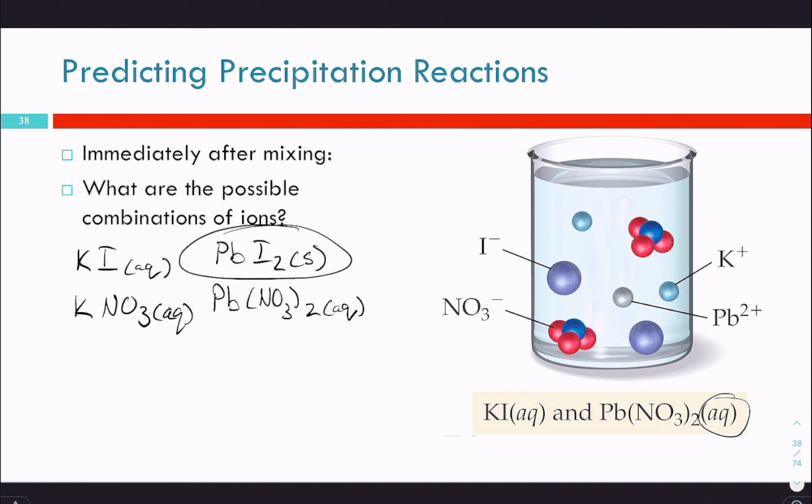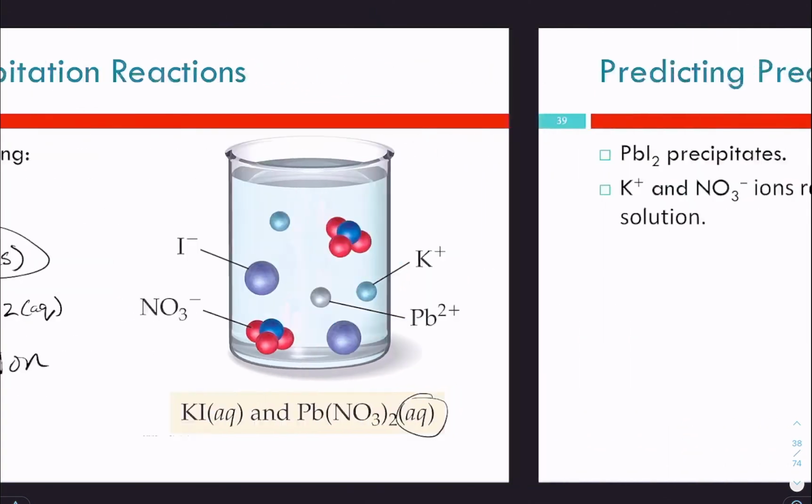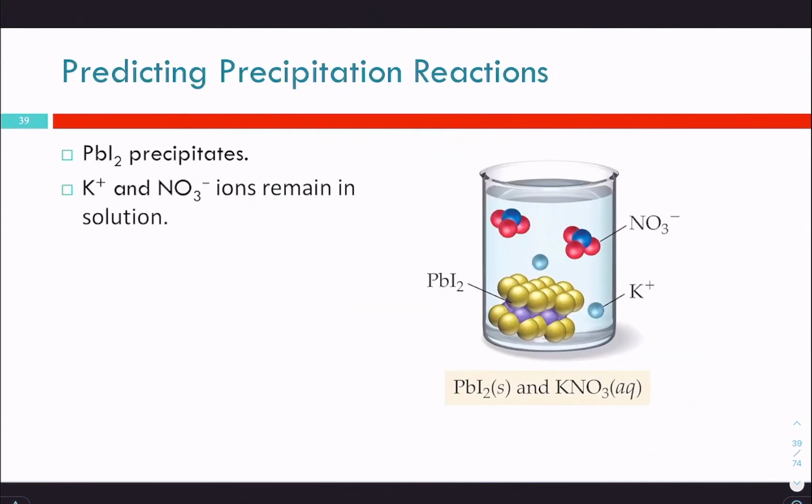So this would be a reaction. So our lead iodide precipitates, and we'll get a big chunk of that at the bottom, but our potassium and nitrate ions remain in solution because they are still aqueous.